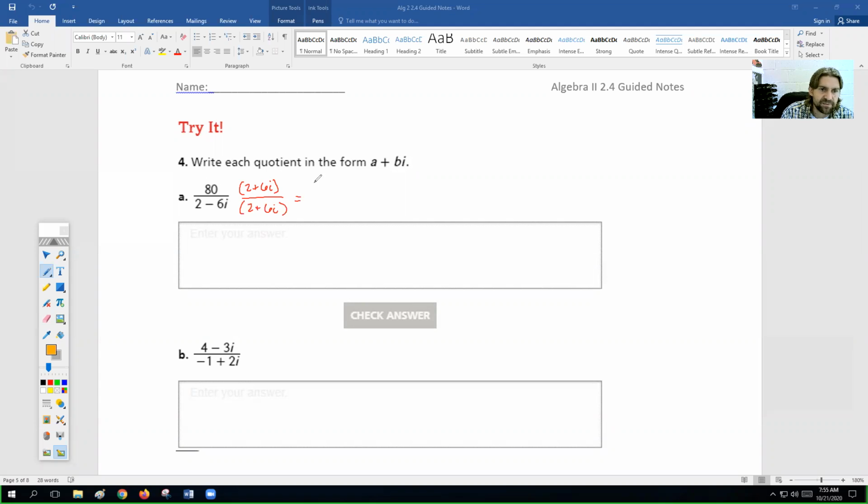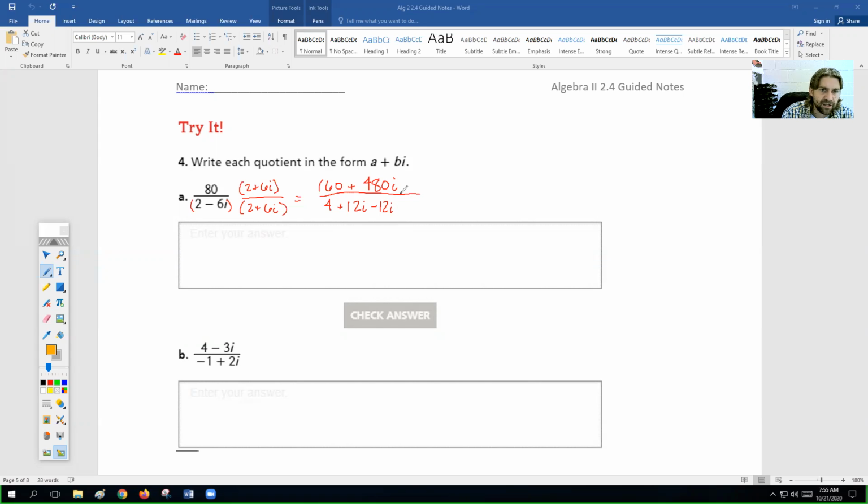This top, 80 times 2 is 160, plus 80 times 6 is 480i. That's large. Now on the bottom, we're going to FOIL out, or distribute the 2. 2 times 2 is 4, plus 2 times 6i is 12i. Then we distribute the negative 6i, so we get a minus 12i, which is good because they're going to cancel out.